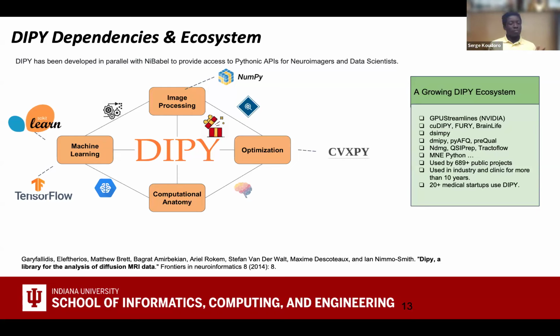All these core algorithms are useful, and we have a very close collaboration with all of these libraries. I won't go into detail, but we can also see that we have a growing ecosystem around DIPY that's coming. So DIPY with GPU, of course, DIPY for microstructure, DMIPy, etc.